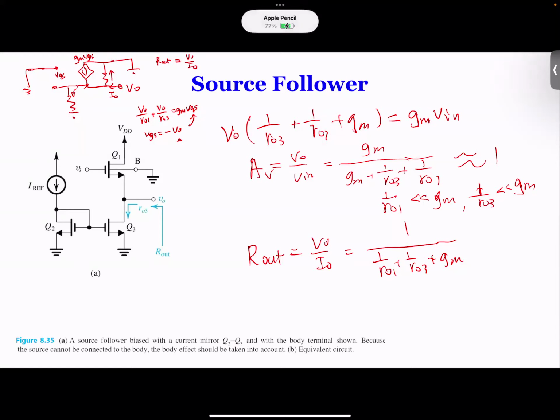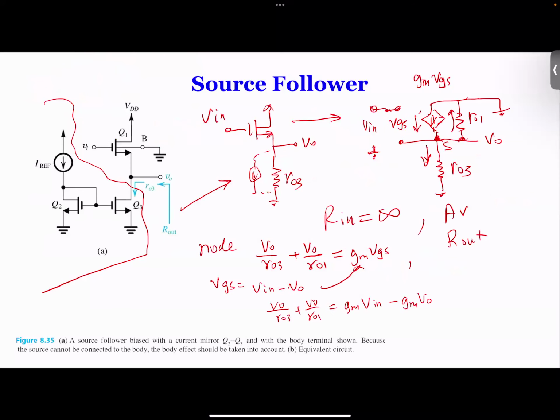Yeah, because remember, in the very beginning of the class, we derived the equivalent circuit.